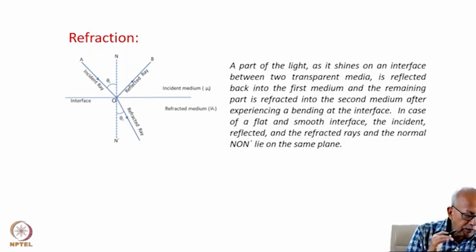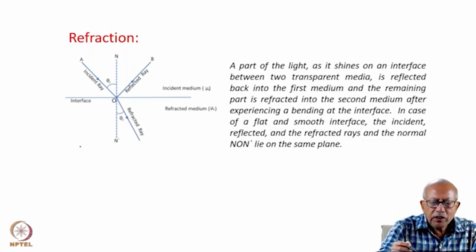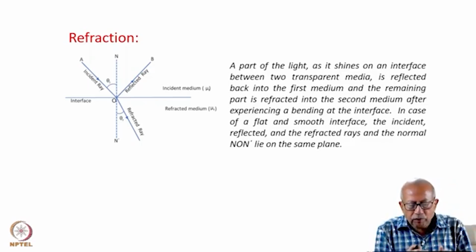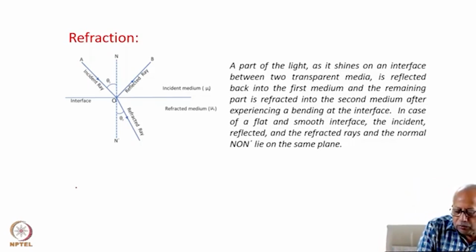According to this law, light bends away from the normal when traveling from a denser to a rarer medium, and vice versa. Let us just make use of Snell's law and prove this. Suppose we have two media.